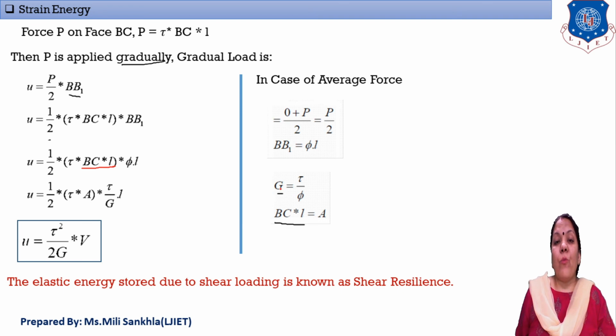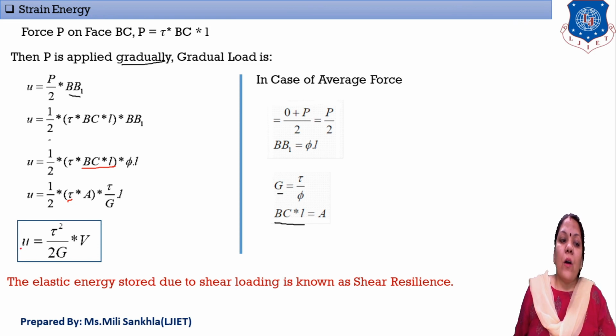Shear modulus is the ratio of shear stress to shear strain. Making phi the subject, shear strain phi is equal to tau by G. Put here tau by G. Now tau into tau is tau square, with 2G in the denominator, and area into length is volume.